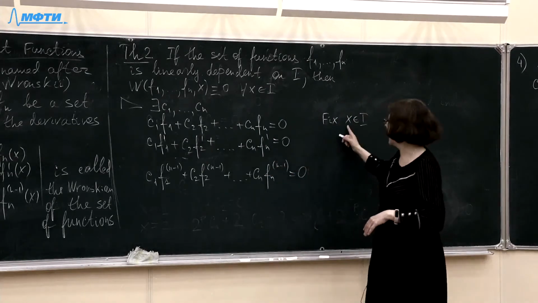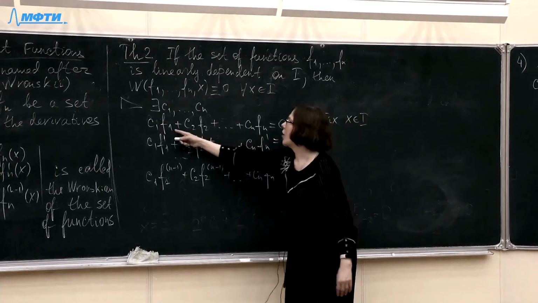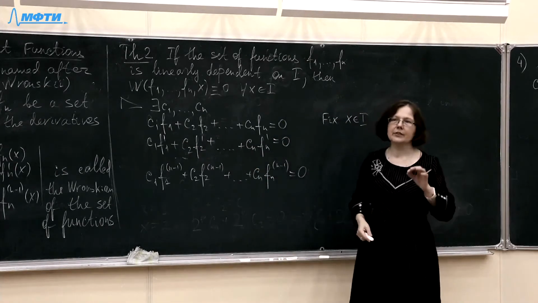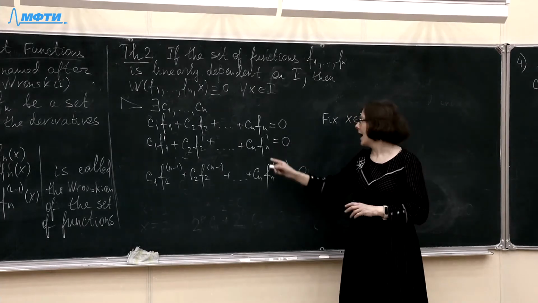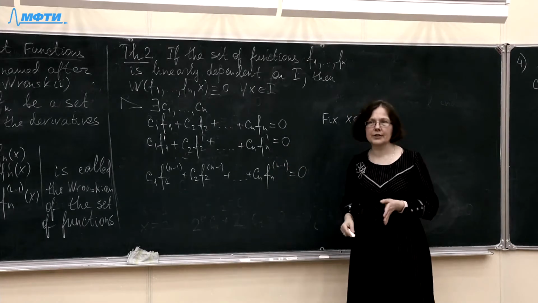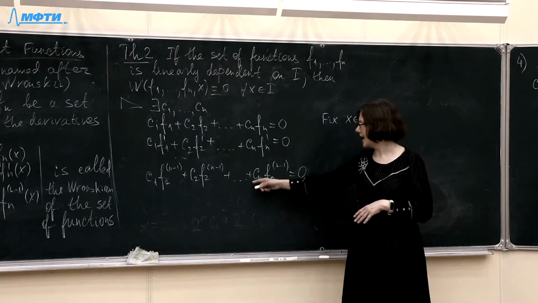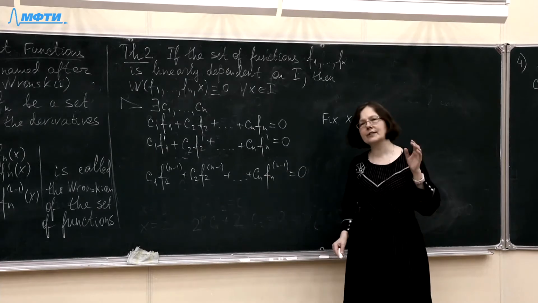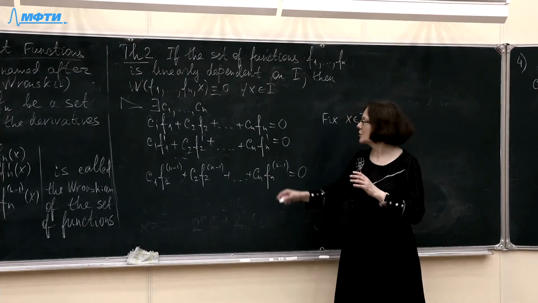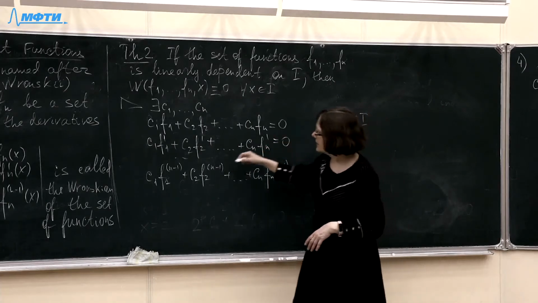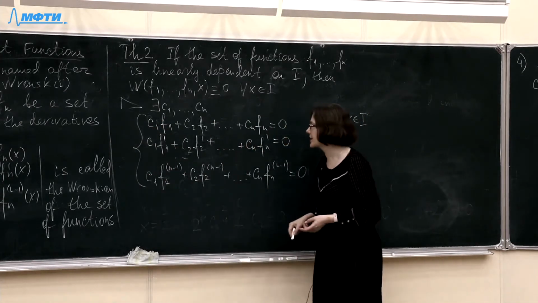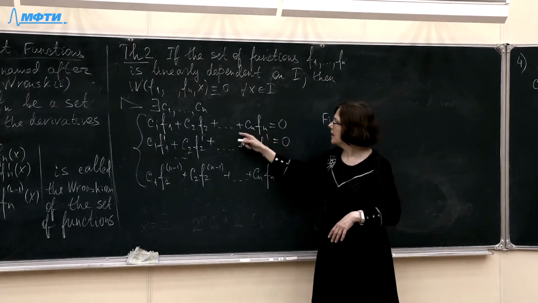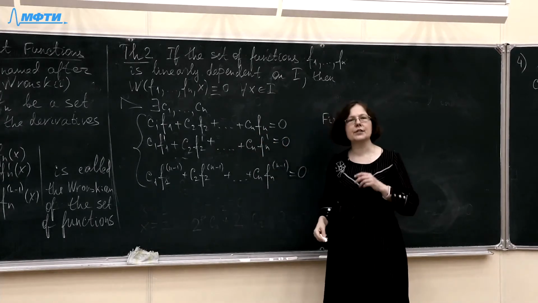If we fix x, then all the functions at this given fixed point are constant, and the derivatives are also constant, and the derivatives of order n minus 1 are also constant. So we can consider this as a system of linear equations in the parameters C1, C2, and so on, Cn.